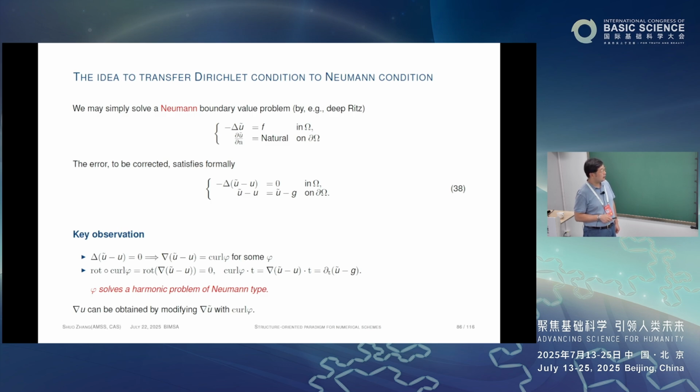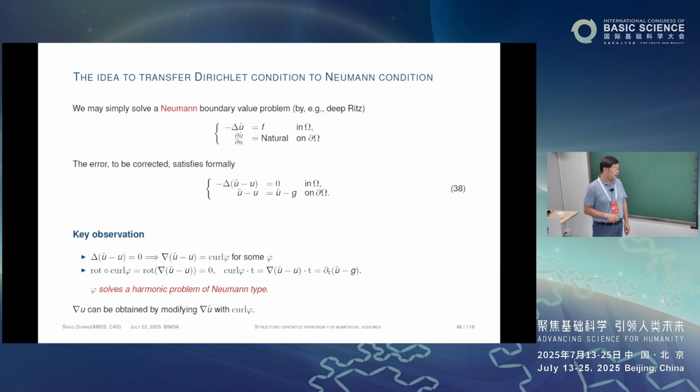Then consider u tilde minus u, the error. The Laplacian of the error is 0, and u tilde minus u equals u tilde minus g on the boundary. This boundary term is known to us. What can we get? Because the Laplacian of u tilde minus u is 0, the gradient of u tilde minus u is divergence free.